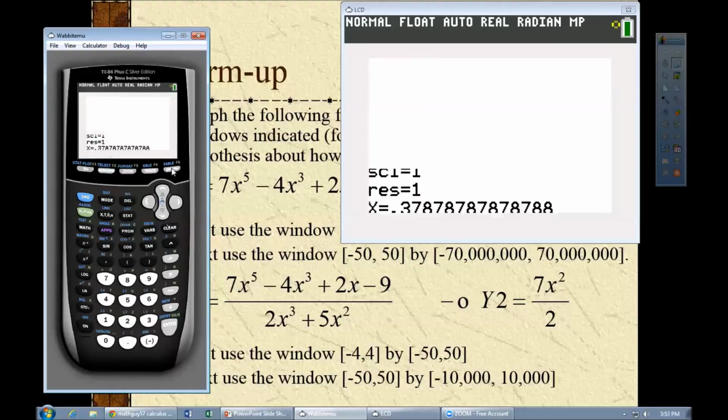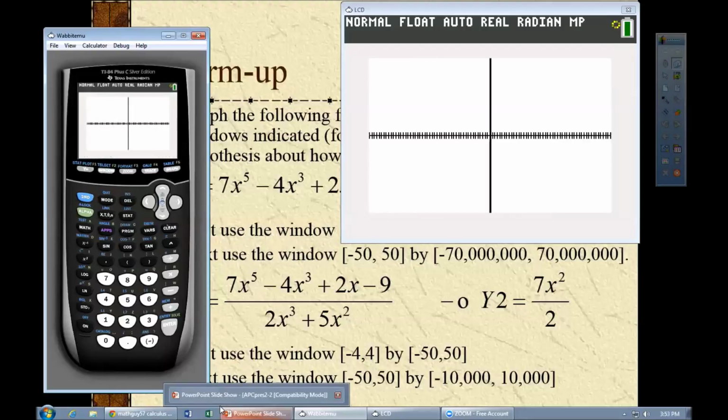And let's take a look at the graphs now. Again, first we'll see the blue graph. This is the longer polynomial. And now we'll see the red graph, which is just 7x to the fifth.